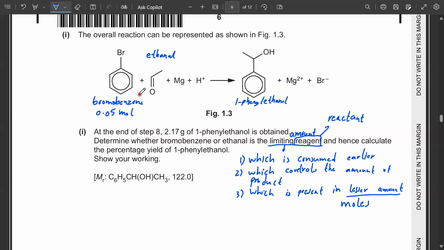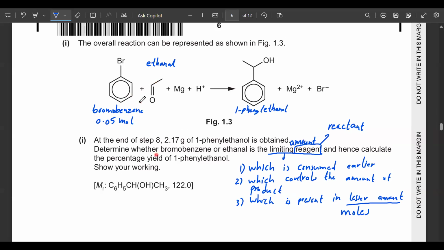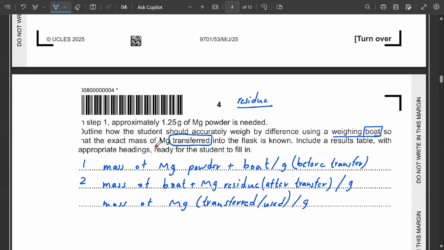We need to calculate it from the steps. Look, if we come back to the steps, what do we see about the ethanol?